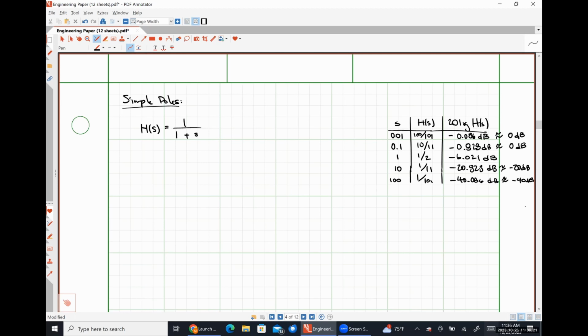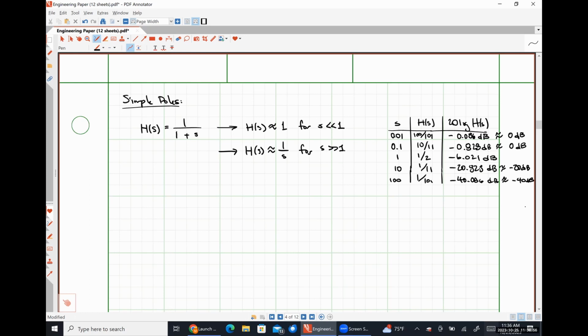So, in summary, I can see that H of s is approximately equal to 1 for s much less than 1, and H of s is approximately equal to 1 over s for s greater than 1.